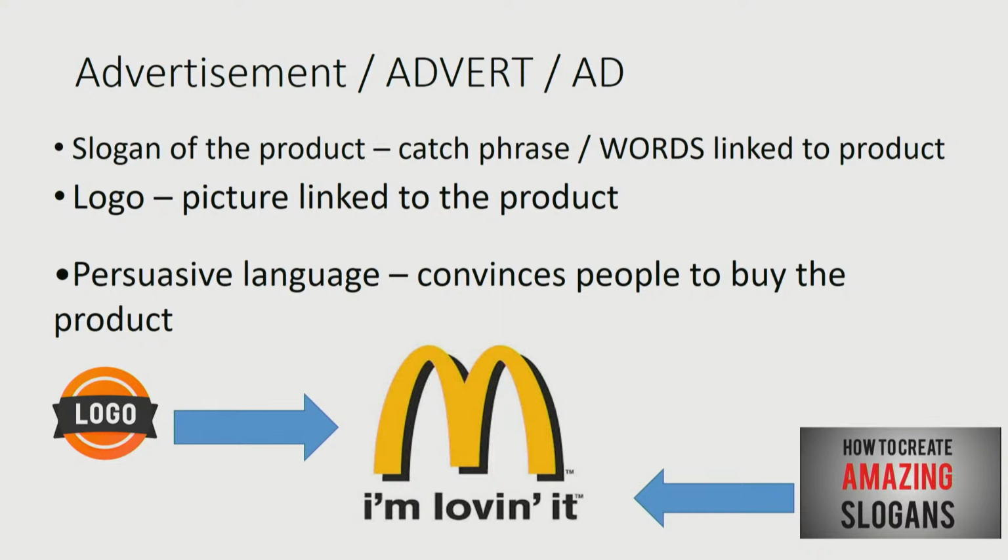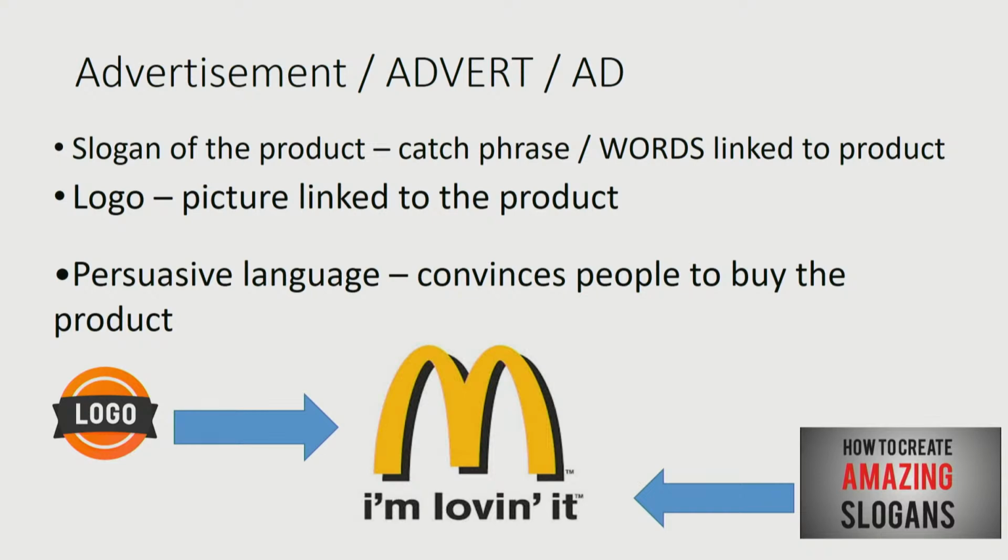If we look at the following example, there we have the famous McDonald's arches, the golden arches. We have the logo, which is the golden M for McDonald's. And then the slogan will be underneath it, I'm loving it. And look at the catchphrase. It's short, to the point.